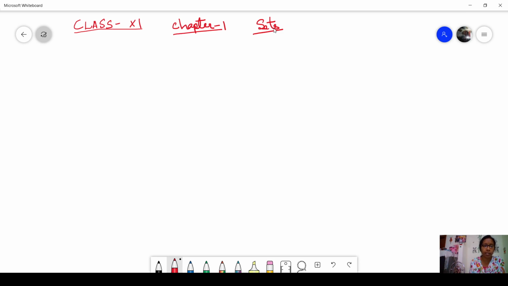You might have seen me describing the operations of set in the previous video. Today we are going to study how to represent these sets in Venn diagram and how to do the operations of set through Venn diagram.